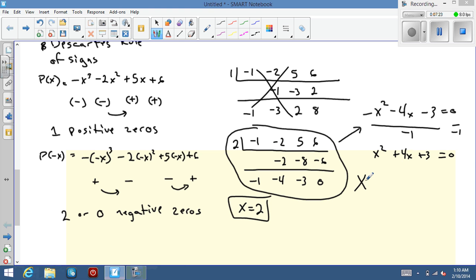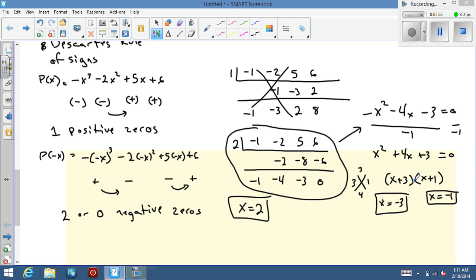And if I do my product sum rule, or I could use quad 3 on your calculator, my product is 3, and my sum is 4. So 3 plus 1 is 4. So I could do x plus 3 and x plus 1 and get a zero of x equal -3, and over here, get an x equal -1.